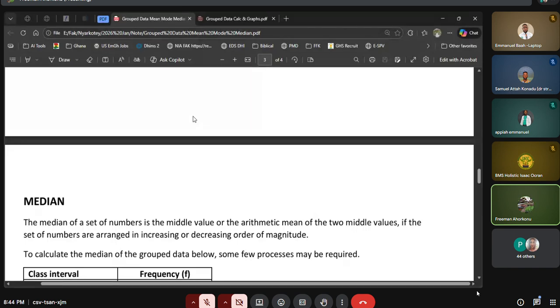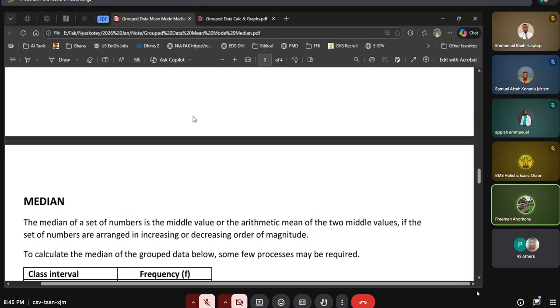If you do that, count them and look for the one at the exact middle. If you have only one number at the middle, pick that number and call it your median. If you have 2 numbers at the middle, find the average of them. That is, add the 2 numbers and divide by 2. And whatever you get, call it your median. If you do it perfectly, you're good to go.